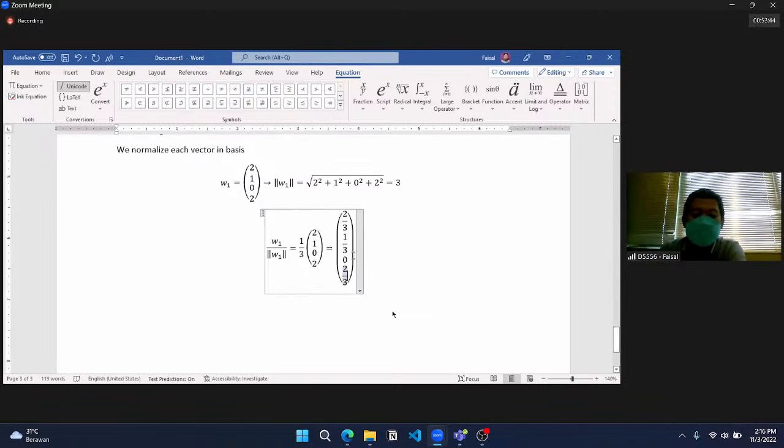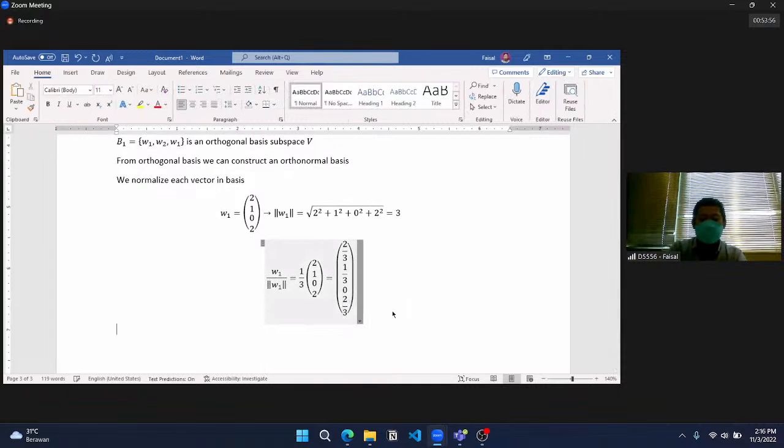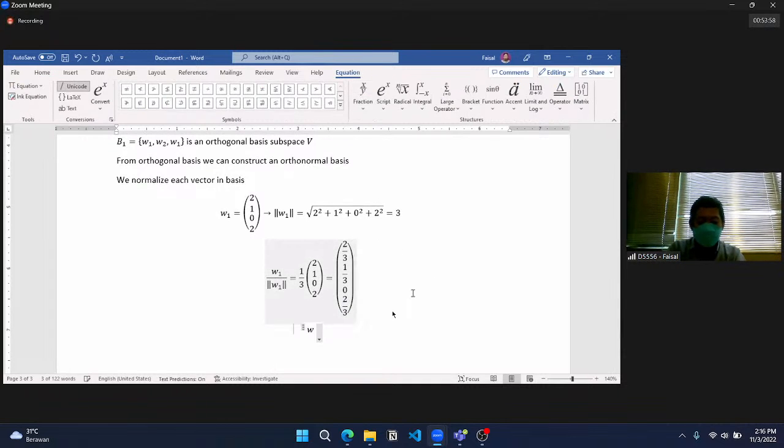Okay, so this is the normalization. We already normalized the first vector in the orthogonal basis. We continue with W2. First, we must compute its norm.